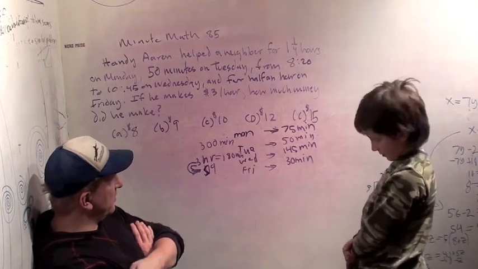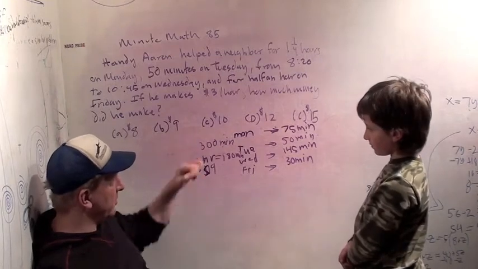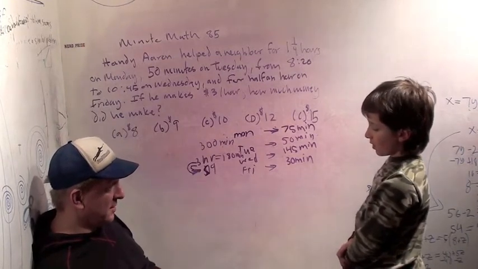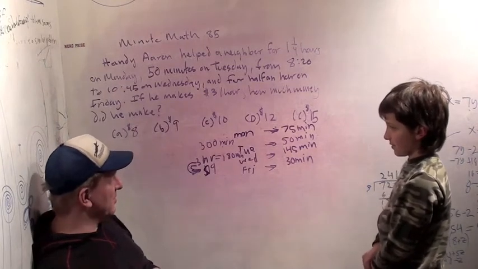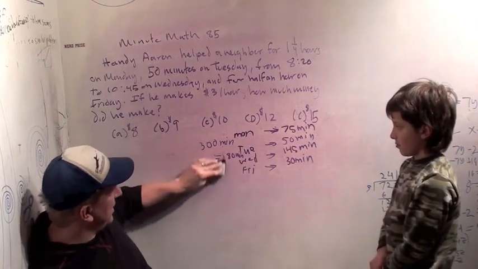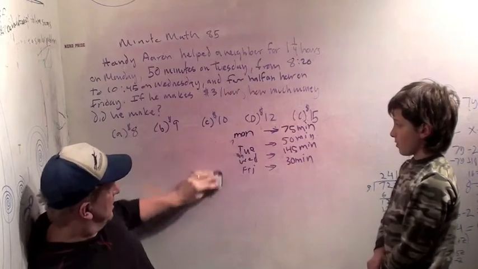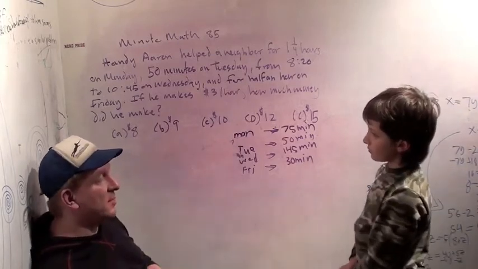Okay, so what would be a good way to convert 300 minutes into hours? Divide by 60. Dividing by 60 might be a good way to do it instead of just stopping at 180. So 300 minutes is how many hours?